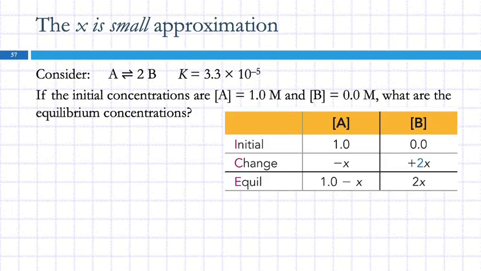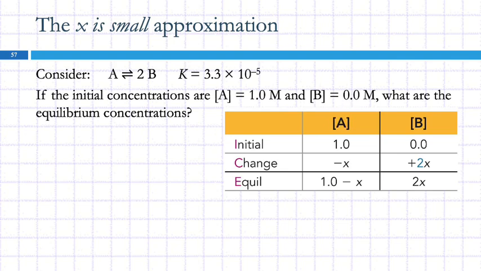So let's look at how this might work. Simple equation here. A goes to 2B. Here's our equilibrium constant. 3.3 times 10 to the minus 5. So this is a fairly small number. We've got initial concentration of A being 1 molar and B being 0 molar.